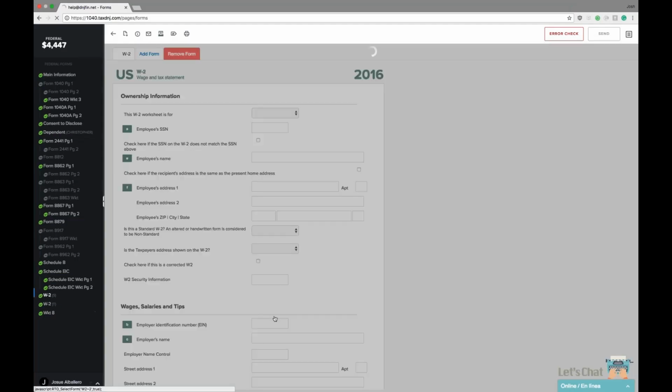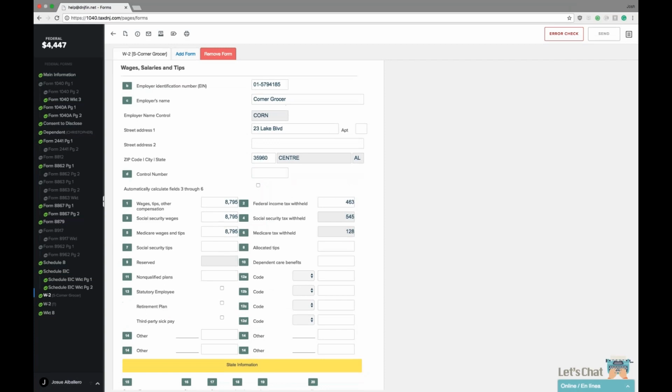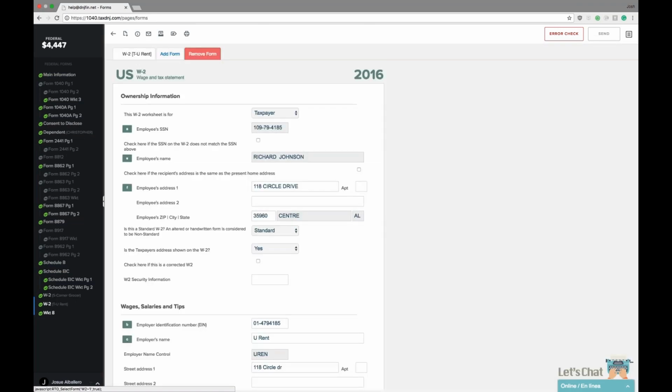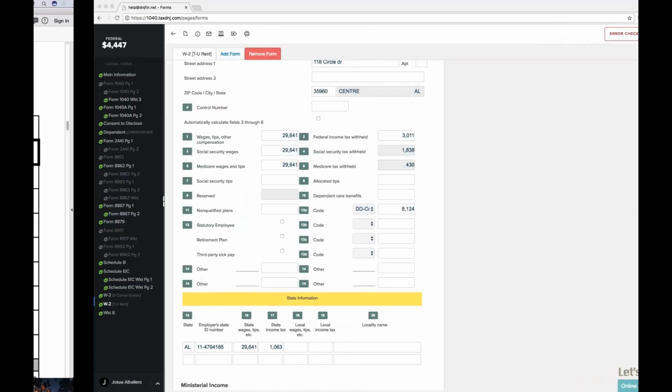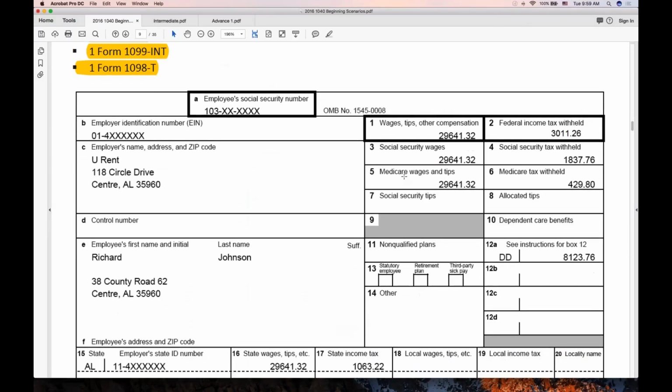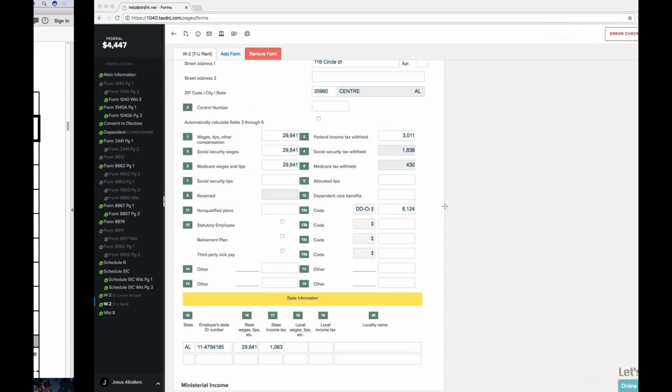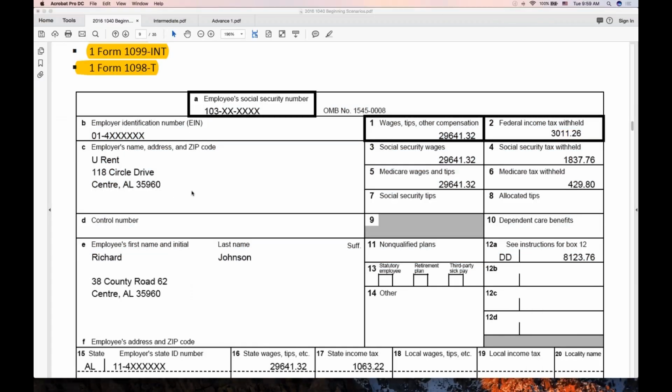Here are the W-2s. Here you go. You have 2 W-2s right there, 1 and 2. So make sure that the numbers are correct. $29,641, and then $3,011. Everything else matches.